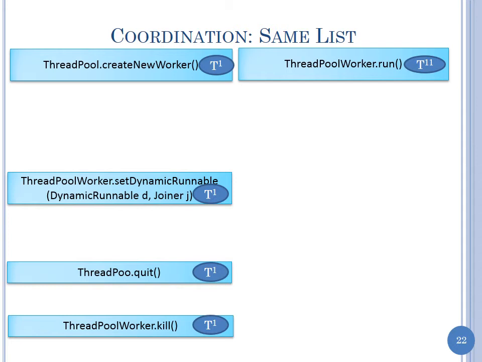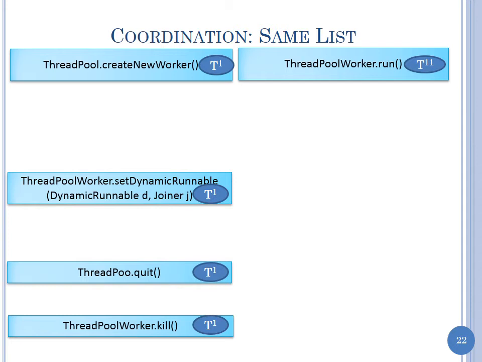Okay, so it's very important to understand, given an object, what threads are going to execute the various methods of it. And threadpool worker.run is actually executed by the child, by the worker. Okay, so T11 here means the worker thread, and T1 means the parent that found the work, that gave it the next piece of work.